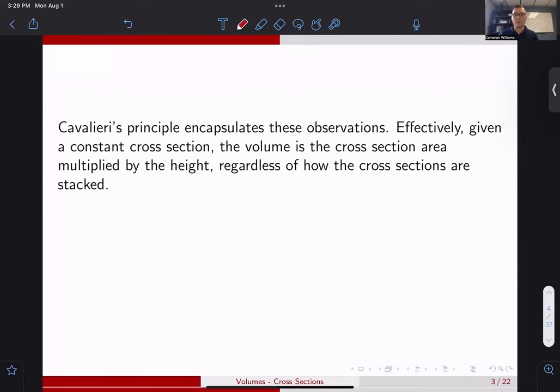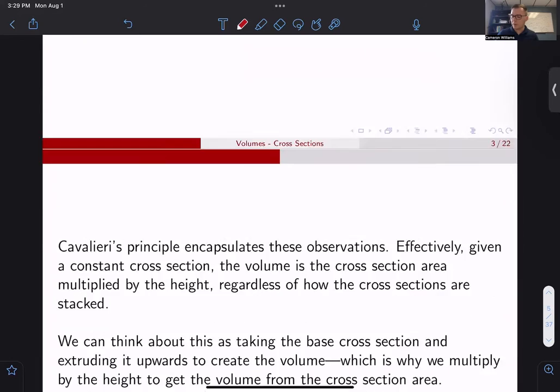But also it's a constant cross-section, so the dimension cannot change. So it's always a circle with radius r, always a square with side length s. It cannot change. So what Cavalieri's principle says is the volume is just the cross-section area times the height in that situation.